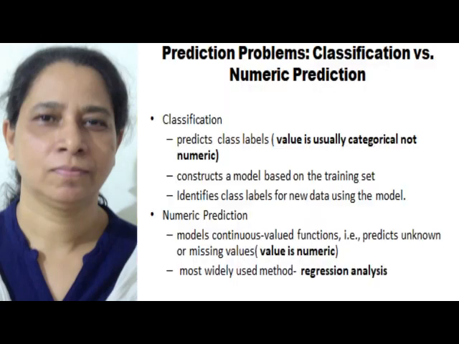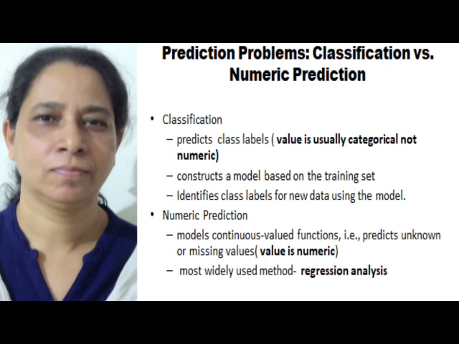In this section, we will discuss prediction using linear and non-linear regression. The term prediction refers to both numeric prediction and class label prediction. Classification predicts class labels which are usually not numeric but categorical.